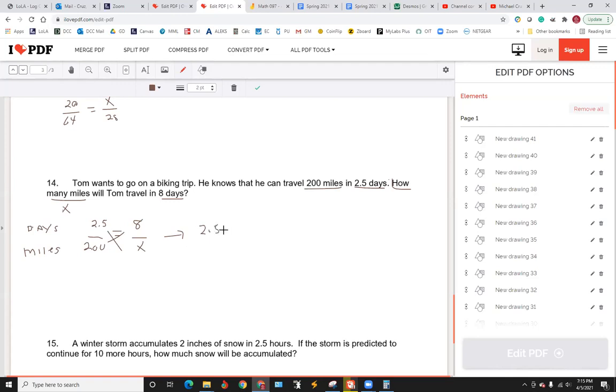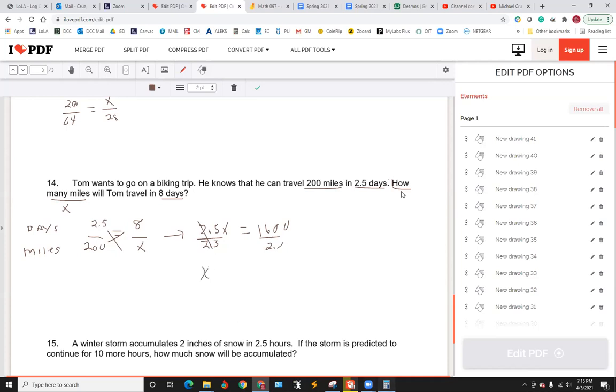2.5x is equal to 1600, right? Yeah. So then 2.5, and then divide 1600 by 2.5.